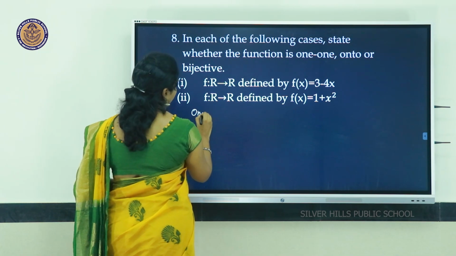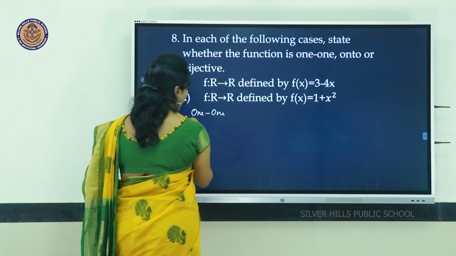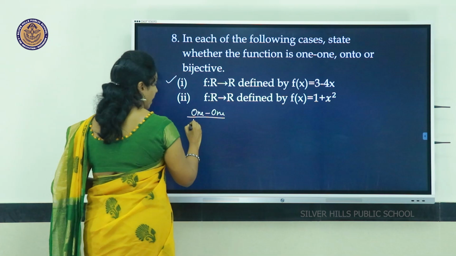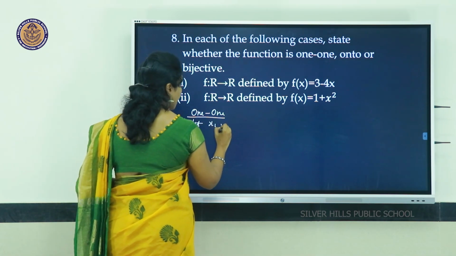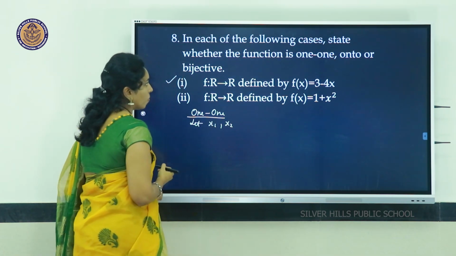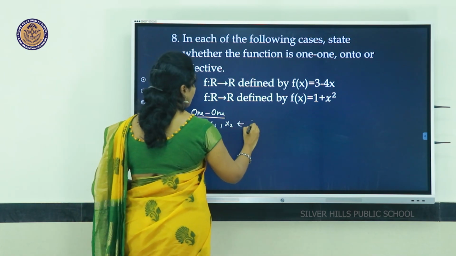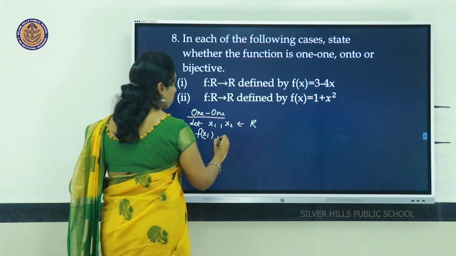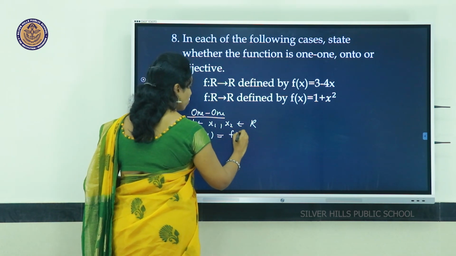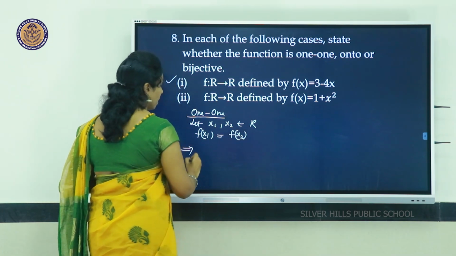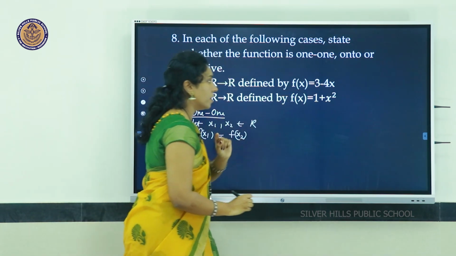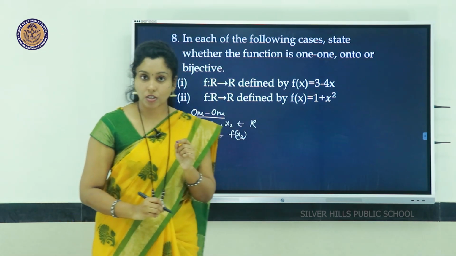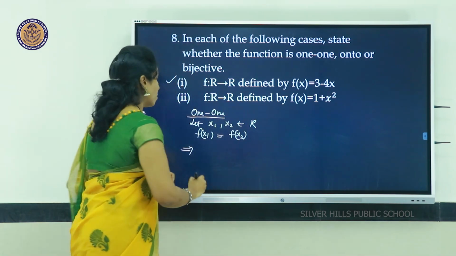So, let us consider the first question. We will prove whether it is 1-1. So, we have the definition, let x1, x2 belong to R. So, f of x1 equal to f of x2 implies, what is f of x? 3 minus 4x. So, what is f of x1? 3 minus 4x1.